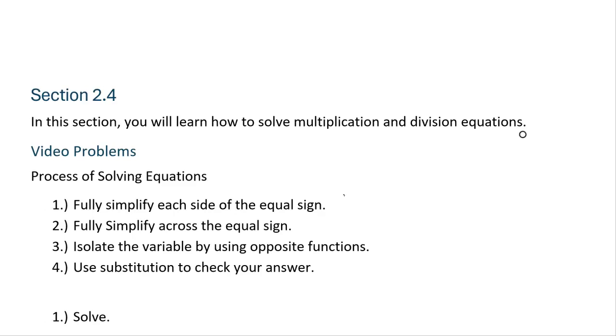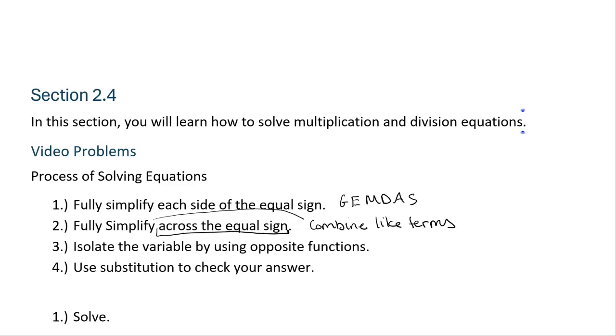And when you do that, you need to do your order of operations. Now you fully simplify or combine like terms. That's another way that you can think about it. So combine like terms across the equal sign. Either of those, you can think of it that way.